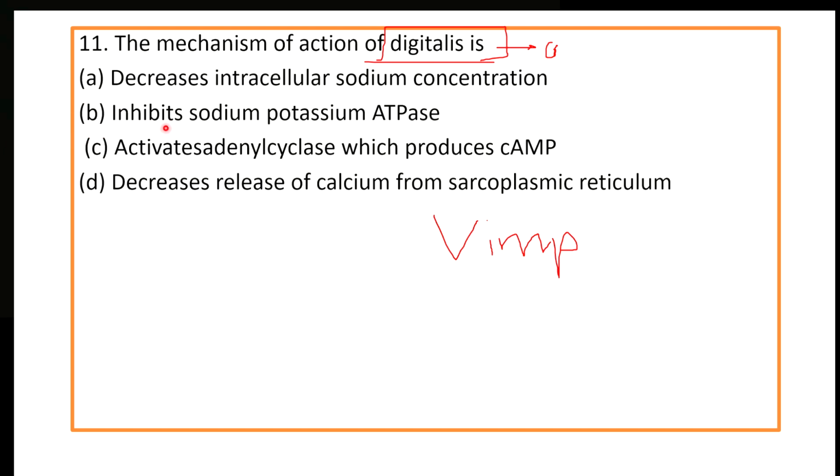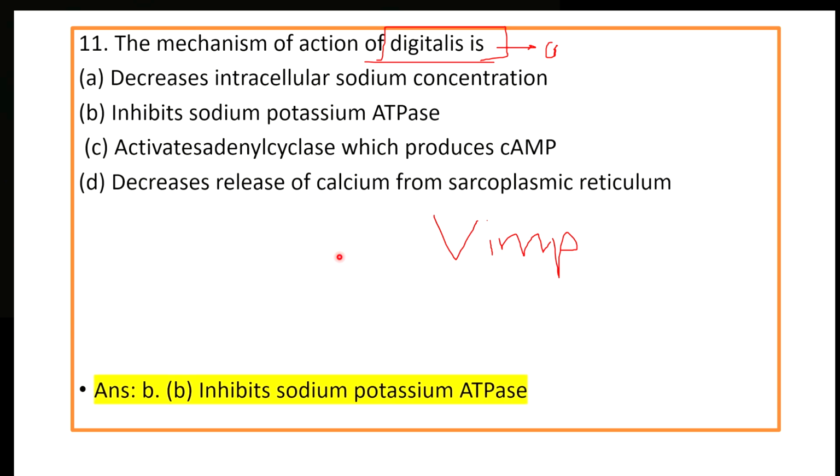Option B, inhibit sodium potassium ATPase. Option C, activate adenyl cyclase which produces cAMP, that is cyclic adenosine monophosphate. And option D, decrease release of calcium from sarcoplasmic reticulum. So this is very important. As you know, digitalis is a cardiovascular drug. So option B, that it inhibits sodium potassium ATPase, is the correct option.